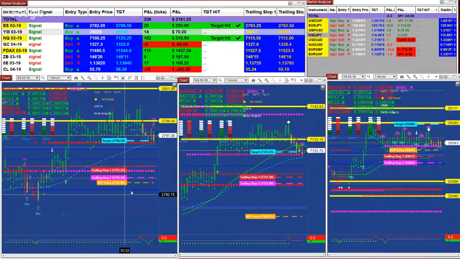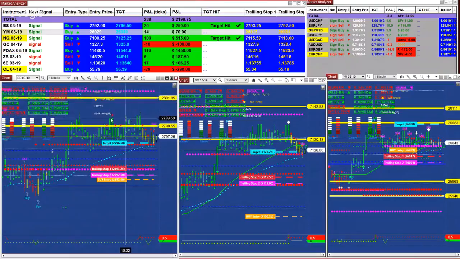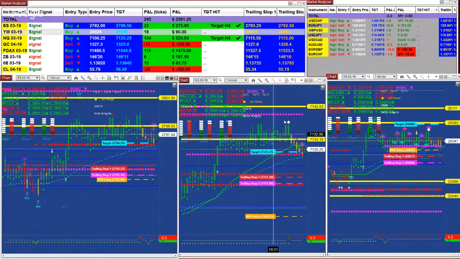As I said from the beginning, once this market entered these yellow lines, there is nothing to trade long. And the same story on the Nasdaq between those two yellow lines.